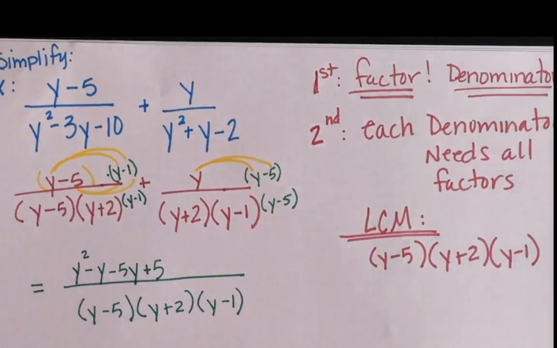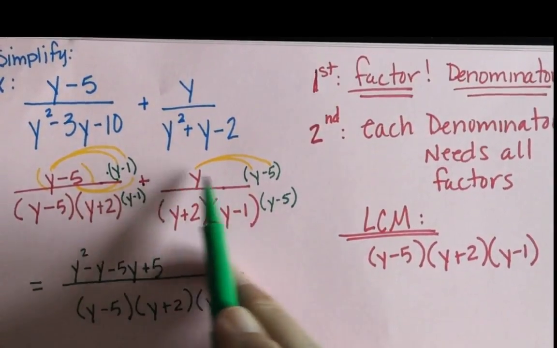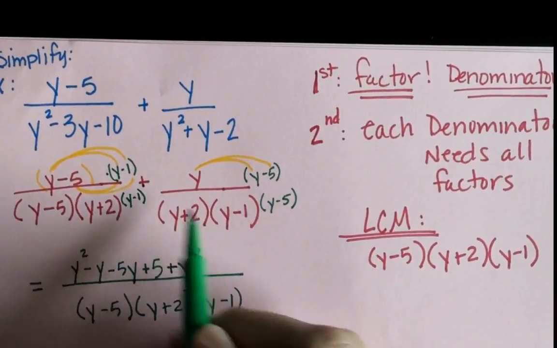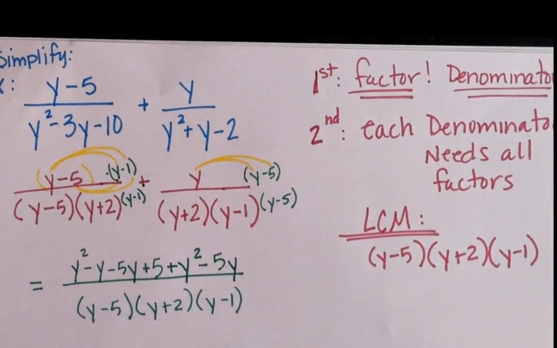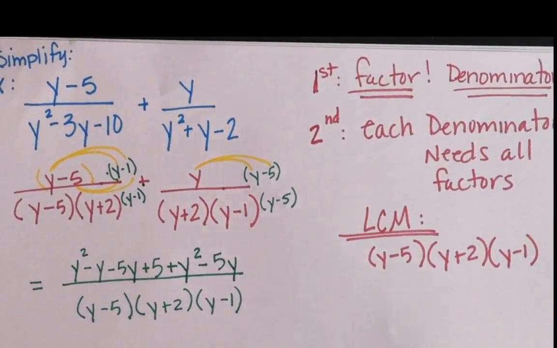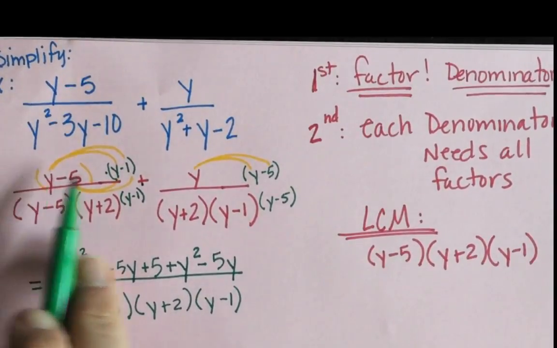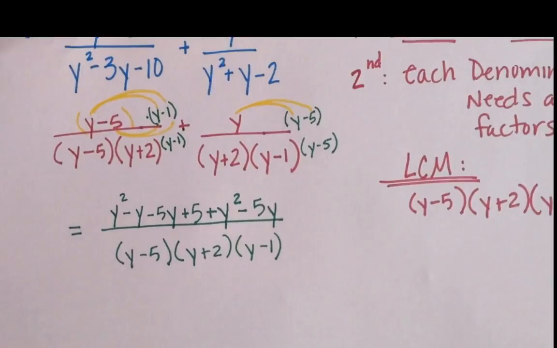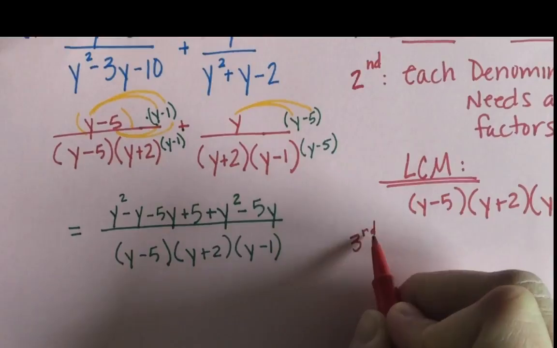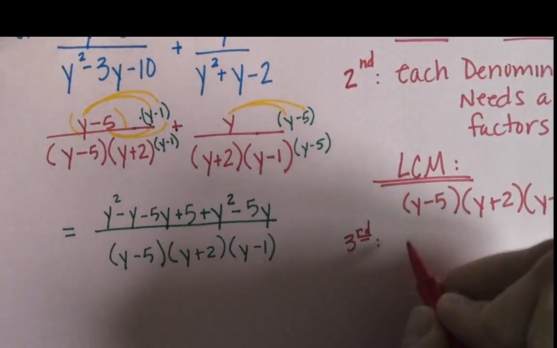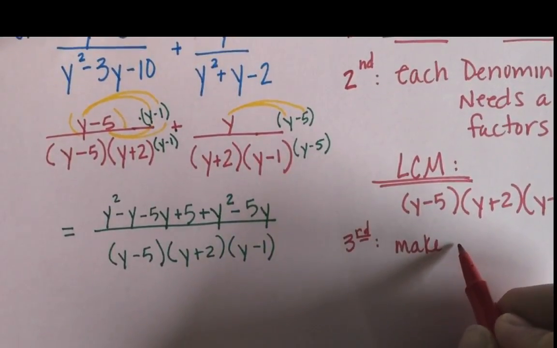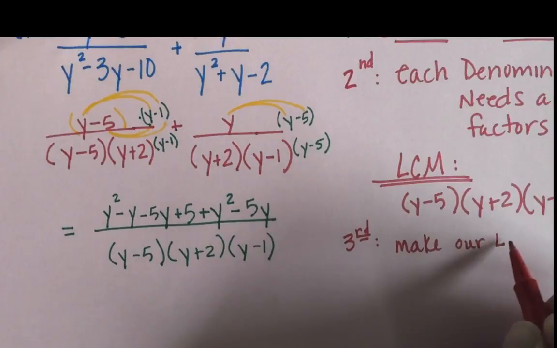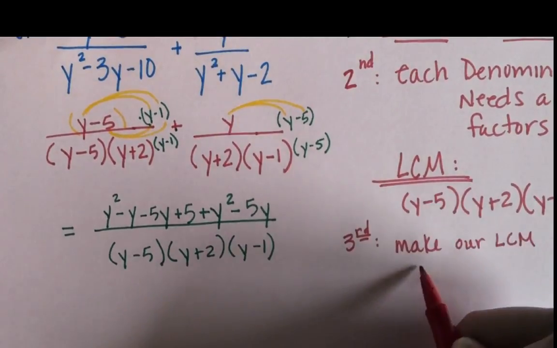And we end up with plus y squared, and then our minus 5y. So again, FOIL method, distributive property. And the last step, so our third step was we make our common denominator, our LCM.